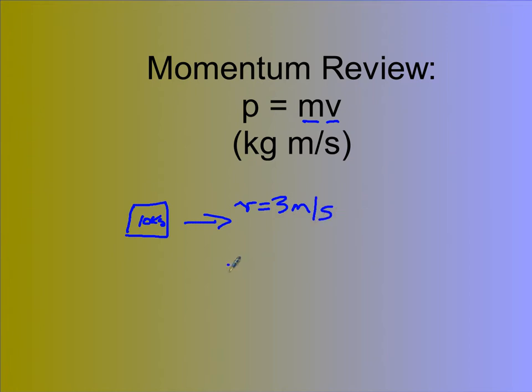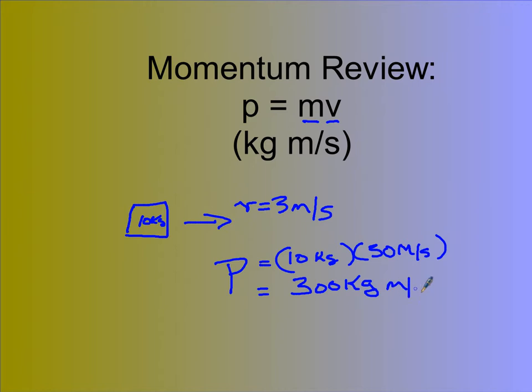Then I could find its momentum to be its mass, 10 kilograms, times its velocity, 3 meters per second, or it has a momentum of 30 kilogram meters per second.